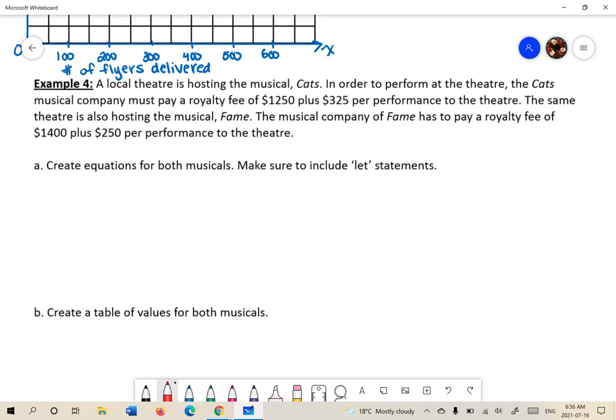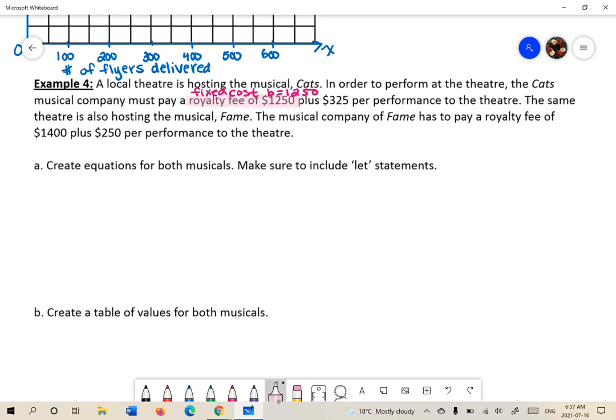A local theater is hosting the musical Cats. In order to perform at the theater, the Cats musical company must pay a royalty fee of $1,250 plus $325 per performance to the theater. So already I know that the royalty fee is my fixed cost, my B value.